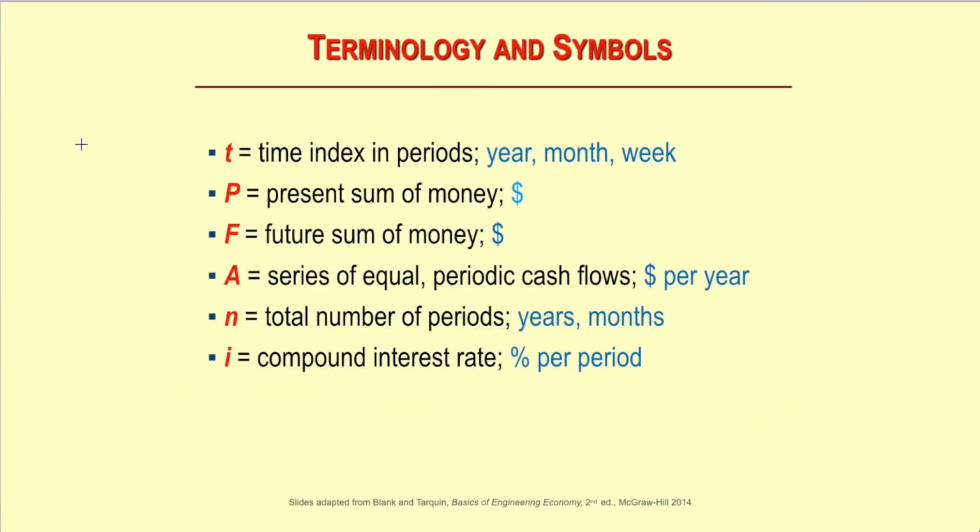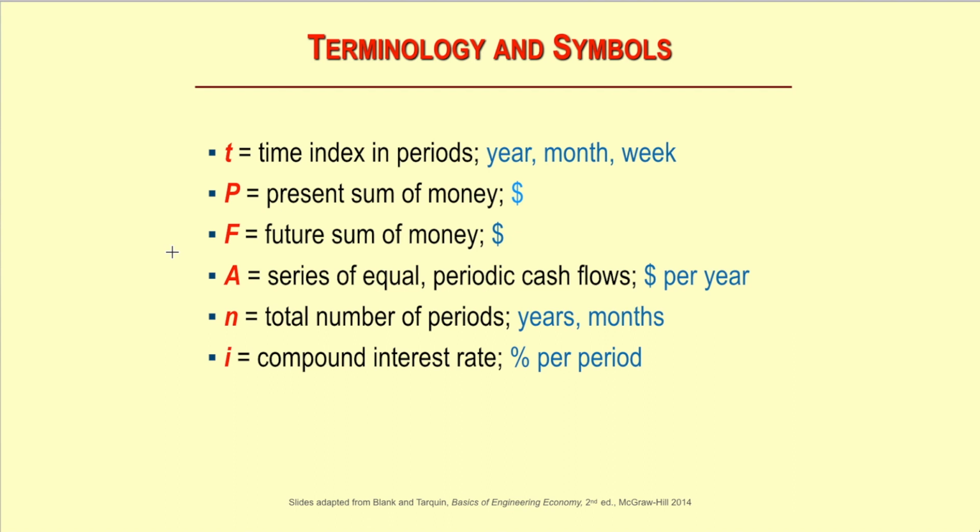Now let's look at the terminology and symbols that are used in engineering economics. So firstly, we have T, which is the time index that points to a particular year or month or week or day in your timeline. Next, we have P, which stands for the present worth or present value or present sum of money.